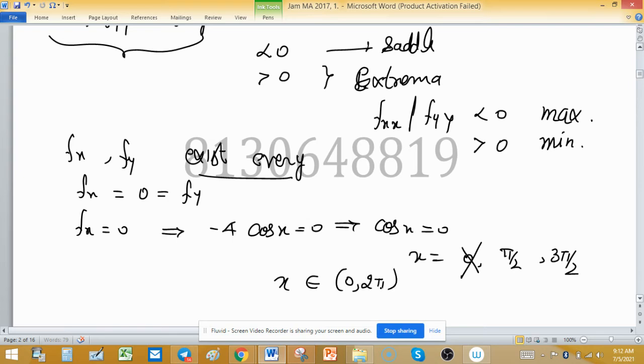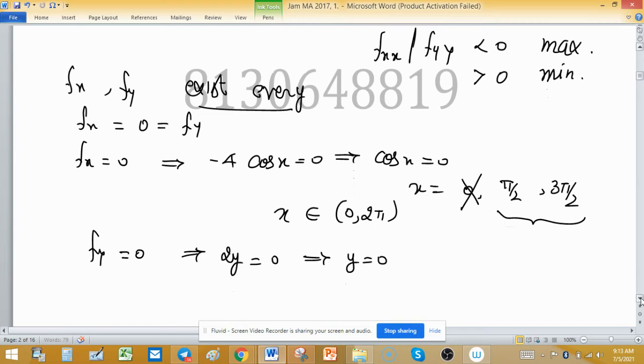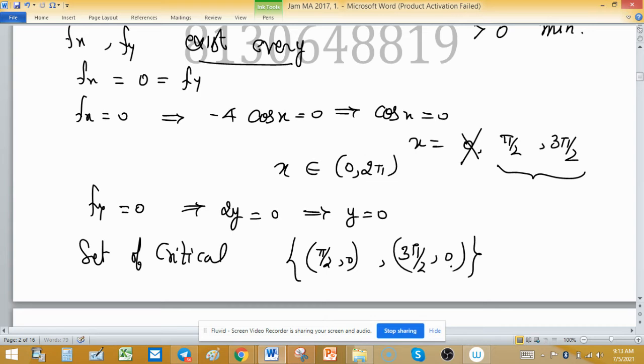And by the condition fy equal to 0, we get 2y equal to 0, so y is 0. So the set of critical points will be (pi by 2, 0) and (3 pi by 2, 0).